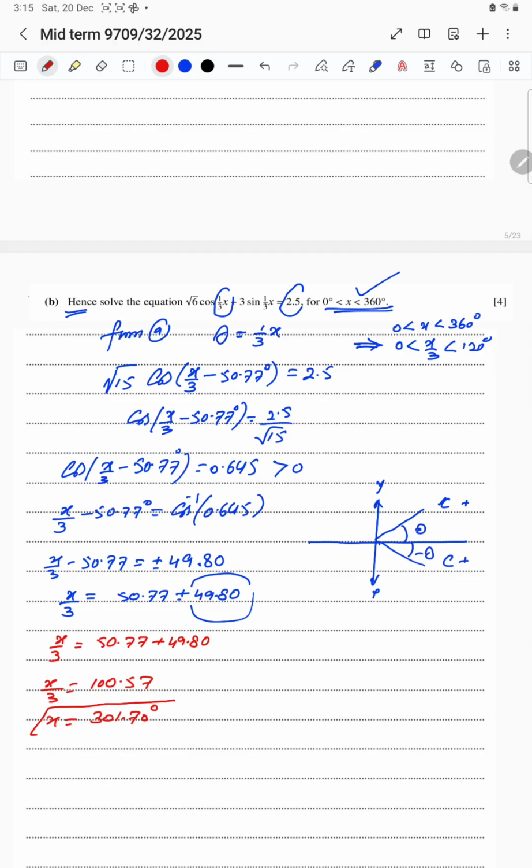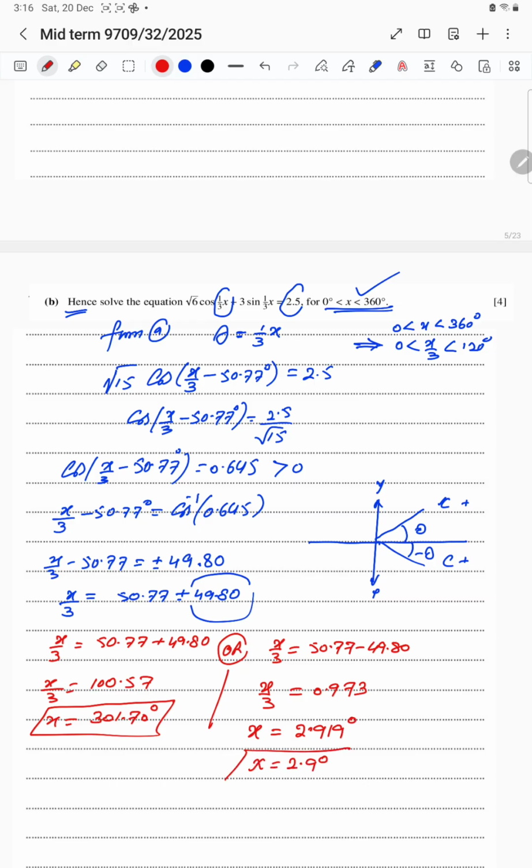One answer is this, or the other option when it will take as negative, x by 3 is equal to 50.77 minus 49.80. So x by 3 will be, here you will solve 0.973 with the calculator. After multiplying with 3 we get 2.919, or x will be 2.9 degree approximately.